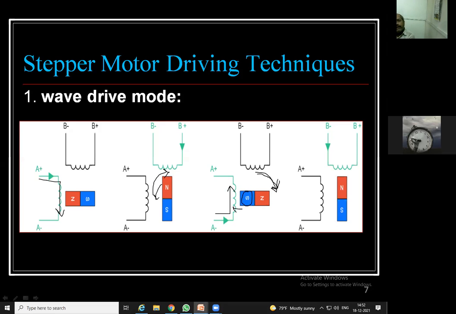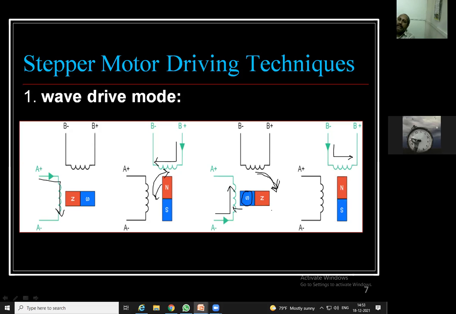At the last step, once again you energize the B coil, but the current is opposite. If you observe, it was from right to left, and from here it is left to right.